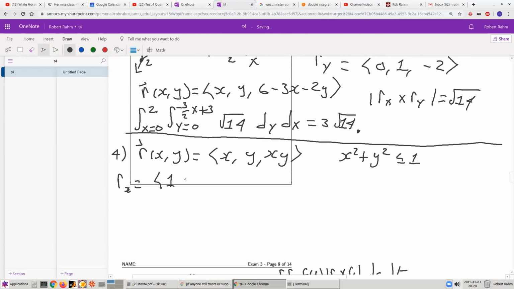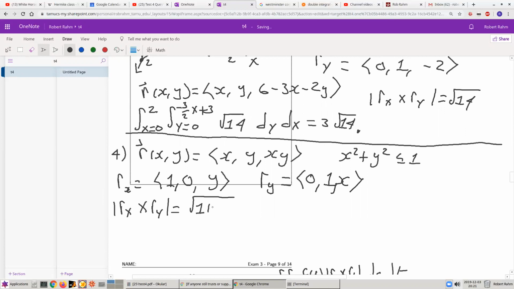Rx is equal to (1, 0, y). Ry is equal to (0, 1, x). And the magnitude of Rx cross Ry is equal to the square root of 1 plus x squared plus y squared.